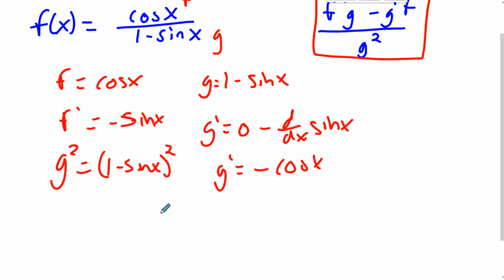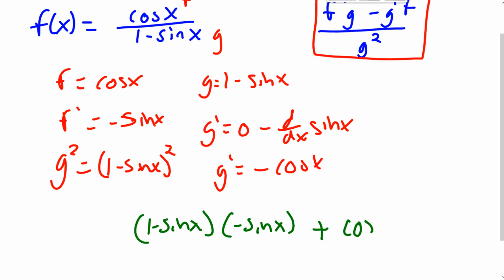So then you write f prime times g. Again, it doesn't matter which one goes first. So that's negative sine x, and then minus g prime, which is negative cosine. So that would make this a positive, because a negative and a negative is positive. Positive cosine x, and then times f, which is another cosine of x.